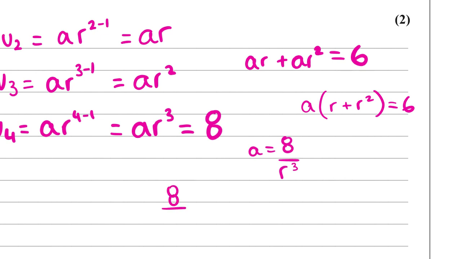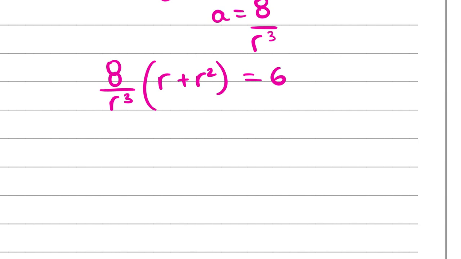So 8 over r cubed bracket r plus r squared equals 6. When we expand the bracket, I'm going to have 8 over r cubed times r, and this r is going to cancel with this one. It's going to be 8 over r squared, isn't it? And then 8 over r cubed multiplied by r squared is going to give me 8 over r.